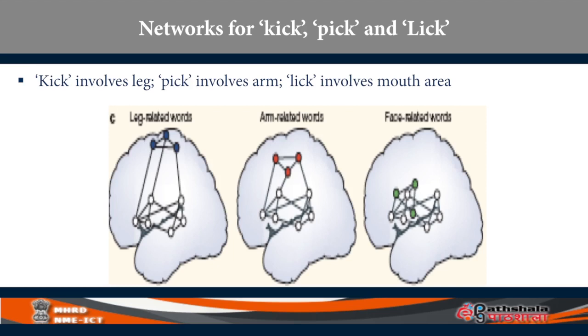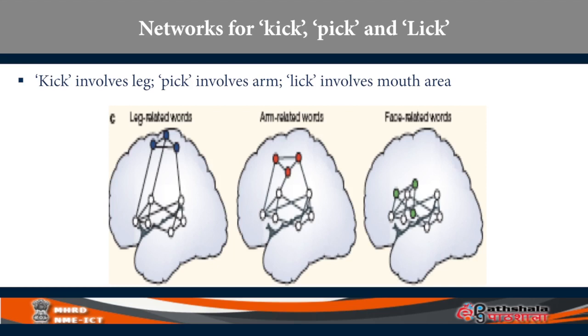And you know the brain has a representation of the entire body. Now look at the cortical maps given by Pulvermüller for leg related words. The cortical map is like this. Arm related verbs, it's a little flat. Face related, even flatter. So the cortical networks for kick, pick and lick are different, is what Pulvermüller argues.